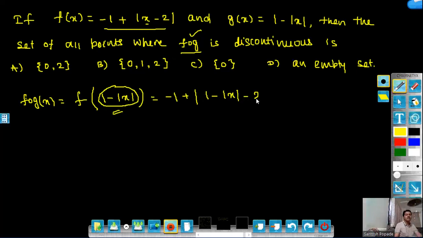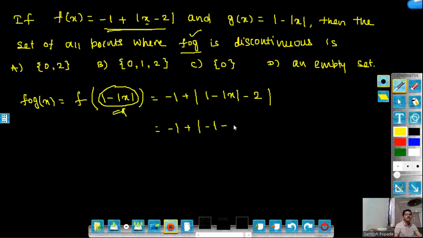Now let us call this bracketed term, that is 1 minus mod x, to be something, say y. For further calculations, if I call it as y, then f of y can be obtained using the formula. It is minus 1 plus mod of y minus 2, means now it is 1 minus mod x, then minus 2. Okay, simplify this. I am using the formula for f of x for finding f of 1 minus mod x.